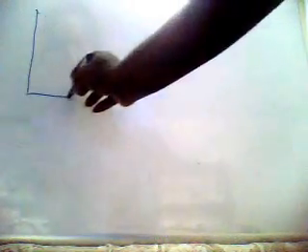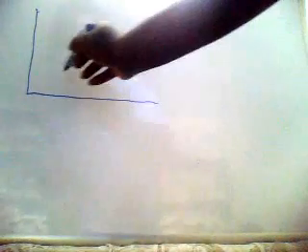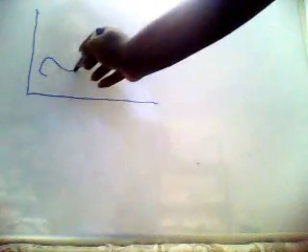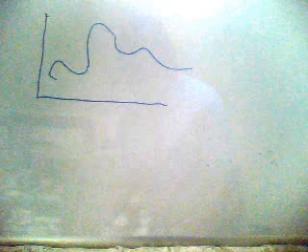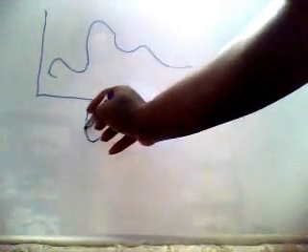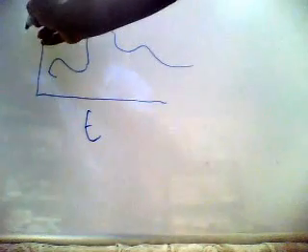So if we plot our graph such as this, a mathematical derivative. So there we have a function over time, f of t.